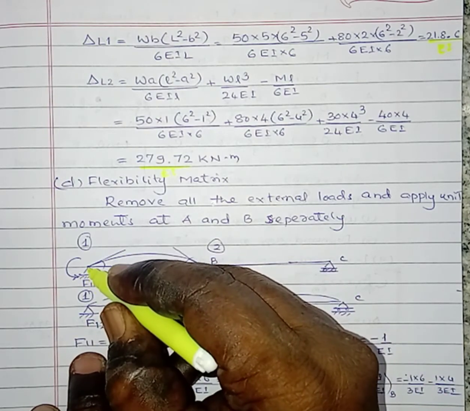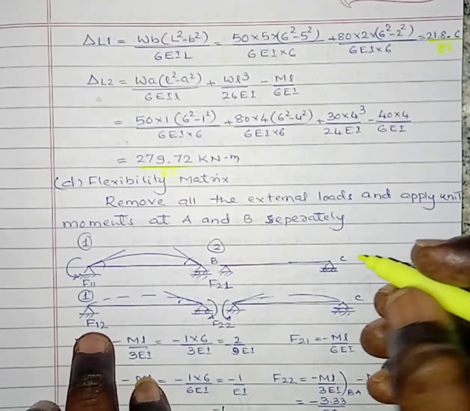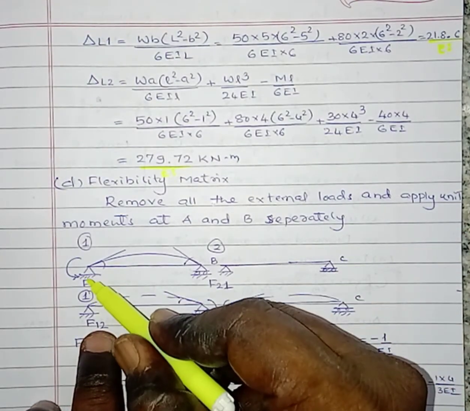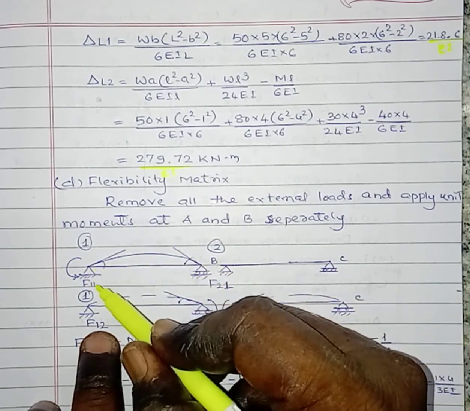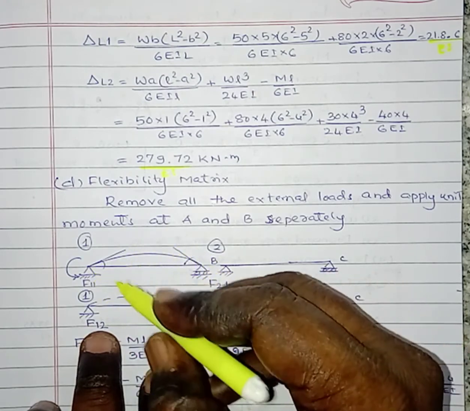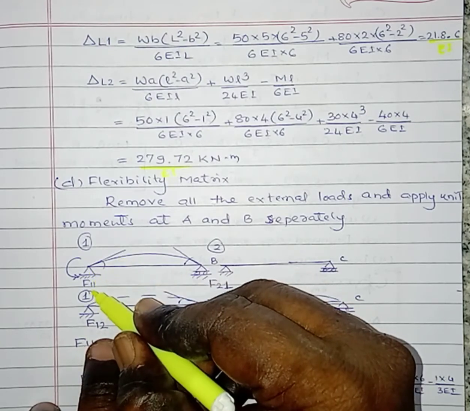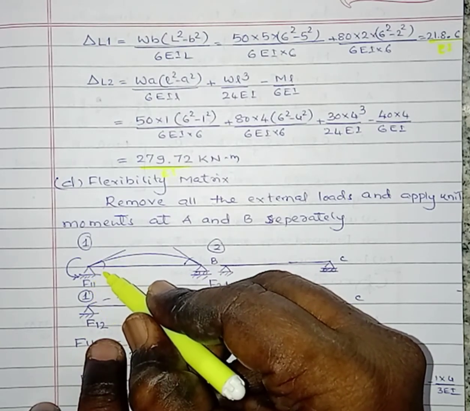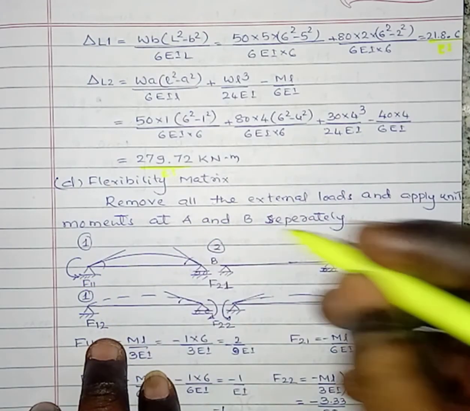Hence we have to apply at 1 a hogging moment of 1 kilonewton meter. Then the displacement due to this load, as shown in the figure, will undergo deformation like this. Here this one is the flexibility element, that is F11, or displacement at 1 due to the applied unit moment at 1.